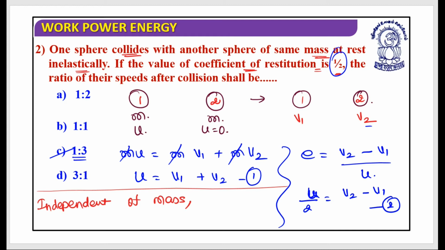I once again say it, I am talking about the ratio. So the ratio in this situation is independent of mass, and even independent of their initial velocities. With whatever velocity it is striking doesn't bother. The ratio depends only on this: 1 minus e upon 1 plus e. I hope this is clear.